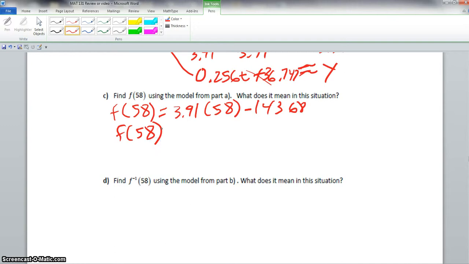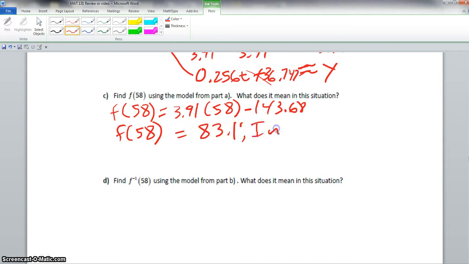After we substitute these values in, we get the value 83.1. Now, this is 58 years from 1950, and this is our answer, which is our percent.